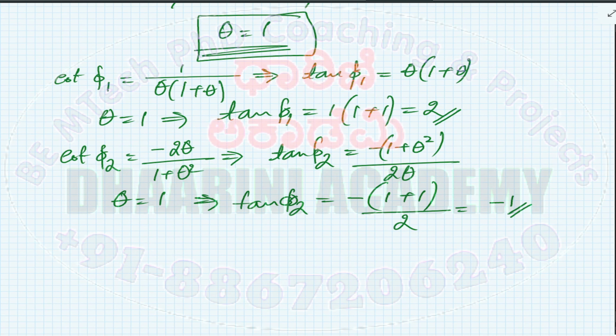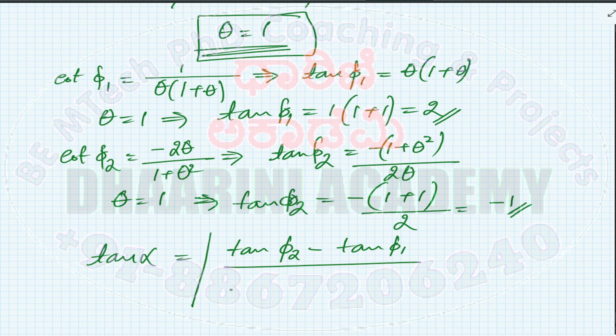Now in case 2 of the problem, we have already discussed that we have an equation for tan alpha. So tan alpha is equal to the magnitude of tan phi 2 minus tan phi 1 whole divided by 1 plus tan phi 2 into tan phi 1, its magnitude.